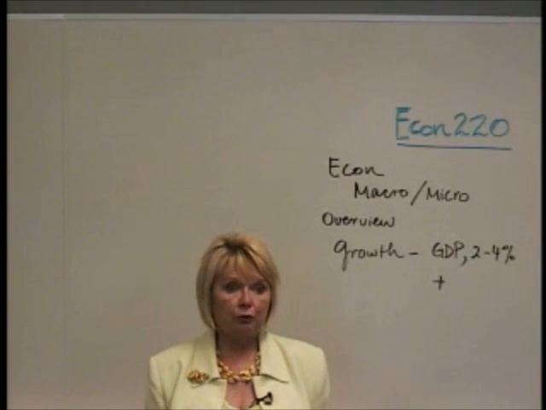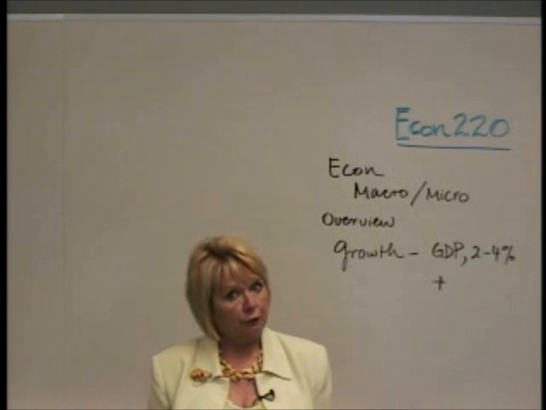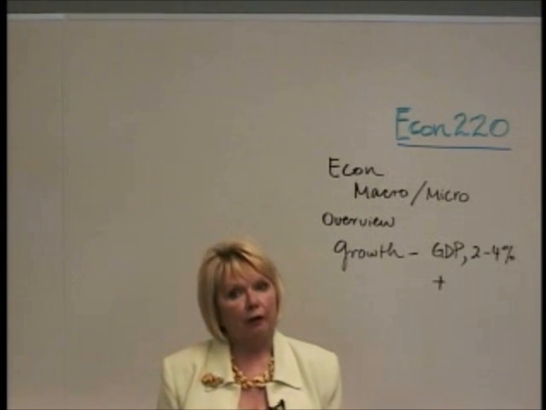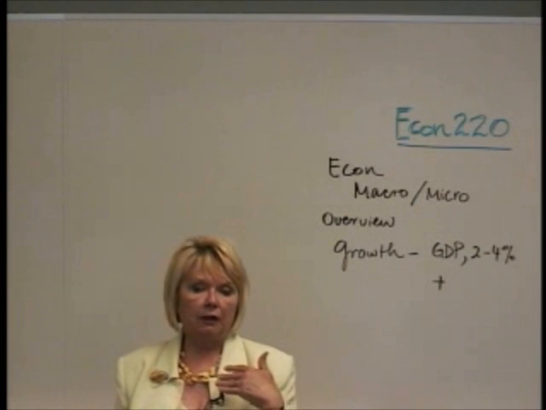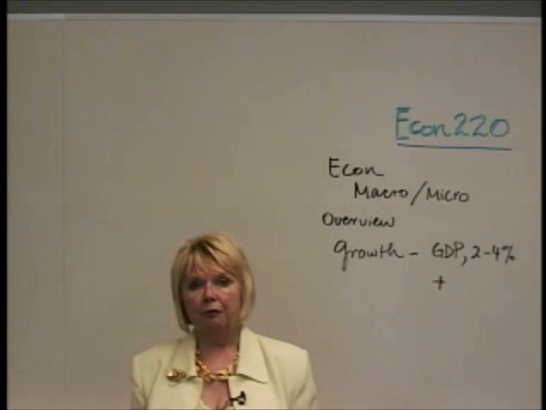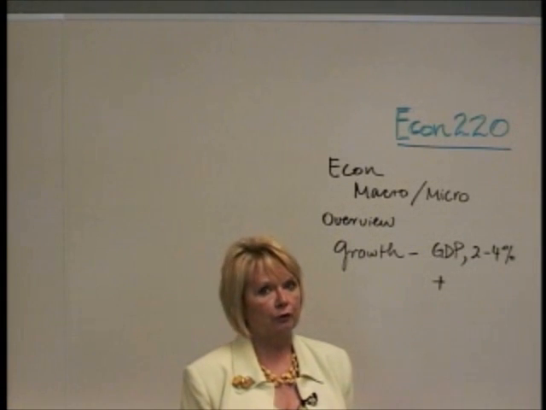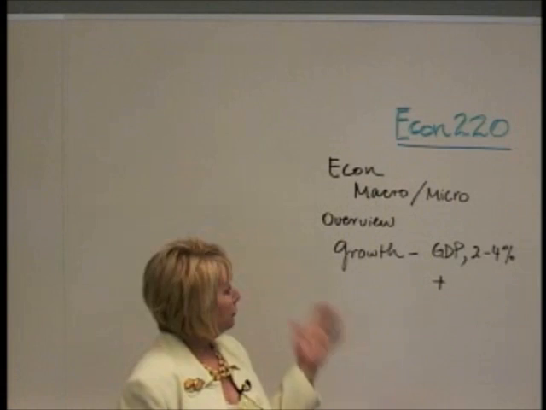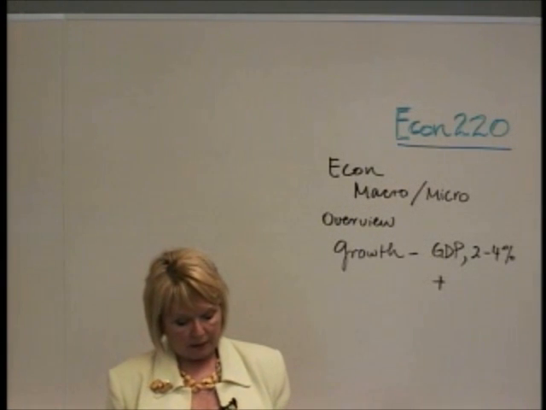Basically, between 2 and 4%. This is for the U.S. economy. For a developed economy, we have many economies today that are growing very fast, catching up. For instance, China has double-digit growth, and that would be over 10%. But for us, we would like to see about 2 to 4%.